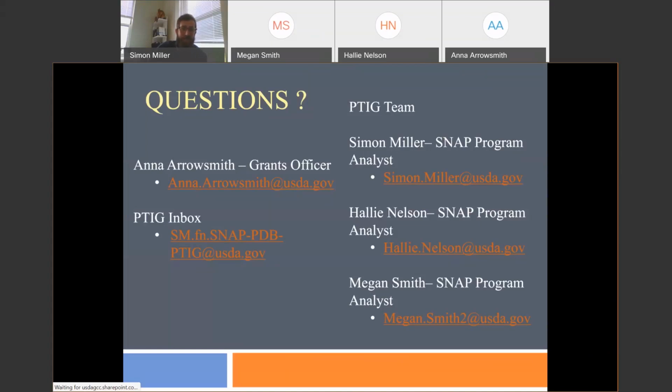You can submit an ENT related project if you think it falls within one of the issue criteria, but you can't use PTIG funding to cover the state share of the 50% ENT state match. So for example, if the project costs $1 million, you should request $1 million. You should not request $500,000 and say you will use that for the 50% state share of ENT.